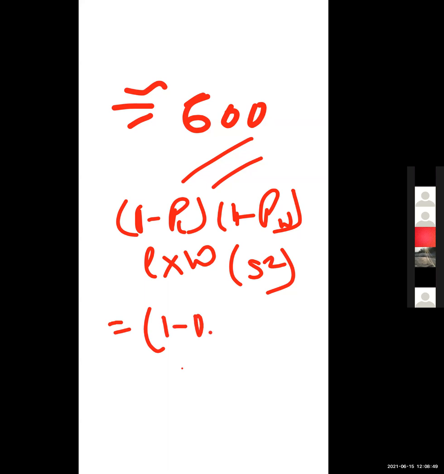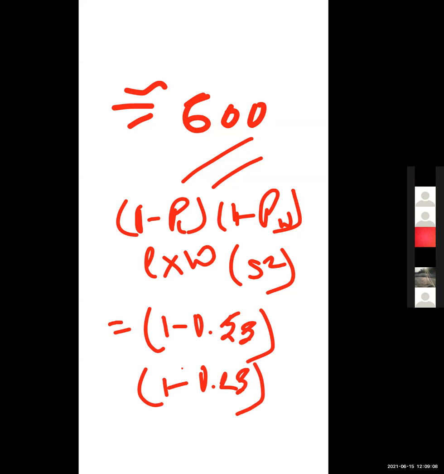It is 0.55, the longitudinal overlap. Then 1 minus 0.25, where 25% is PW, the side overlap.